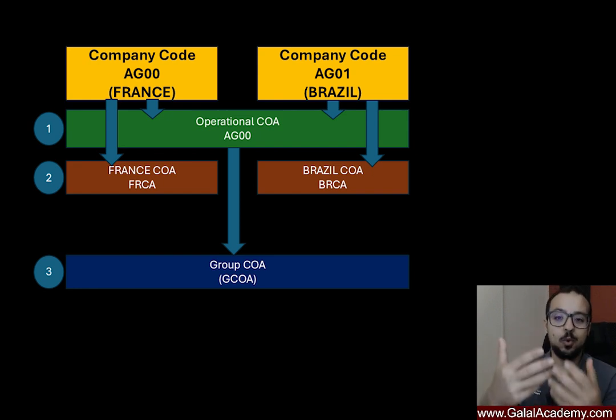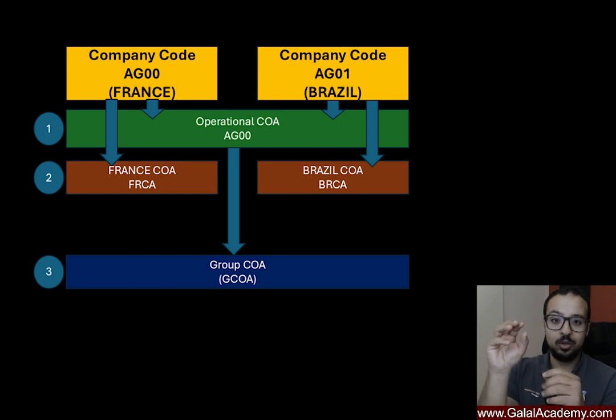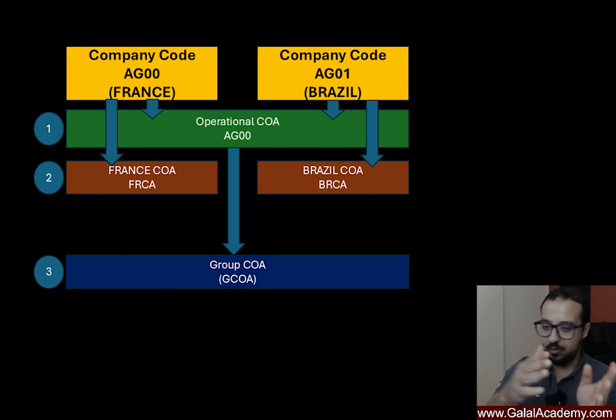And then whenever we post anything in SAP, we always post to the operational chart of account. But in the GL master data, for the GL account and the company code, we insert an alternative account number. So this is the one I showed you when we started the video. And I'm going to switch to a demo now and show you all of this in configuration and also in business end. But so this is the alternative account number that we have in the GL master data.